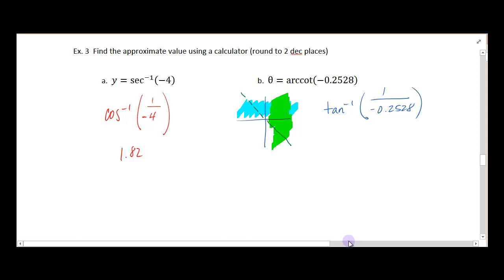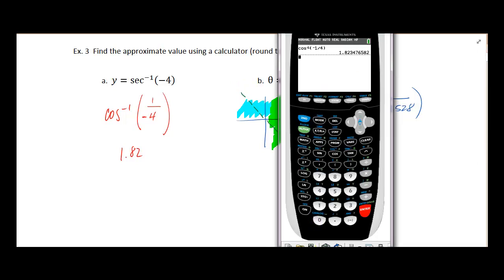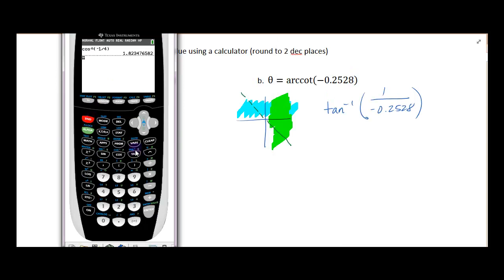So let's just do inverse tangent of this angle on the calculator. Let me scoot this over. So we're looking at second tan, which gives me the inverse function. And we have 1 divided by -0.2528.